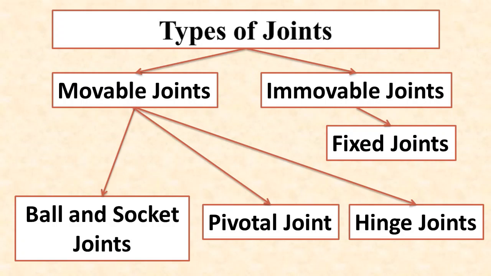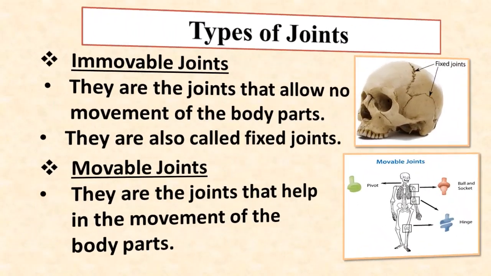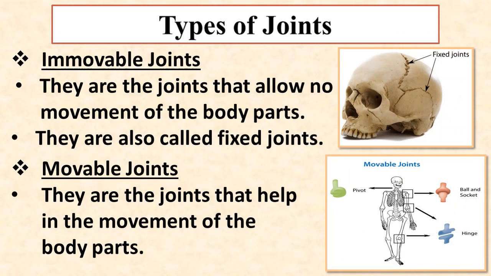Movable joints include ball and socket joints, pivotal joint, hinge joints. Whereas immovable joints include fixed joints. The immovable joints are the joints that allow no movement of the body parts. They are also called fixed joints.